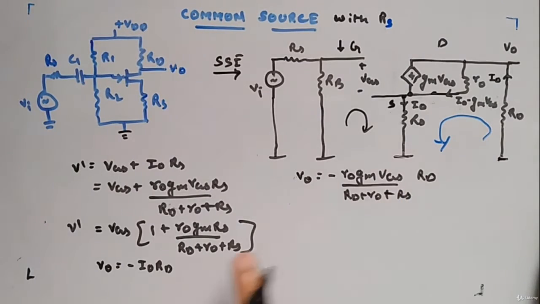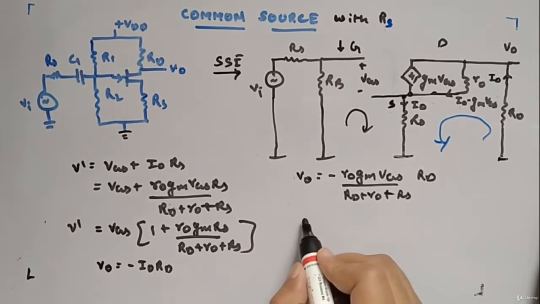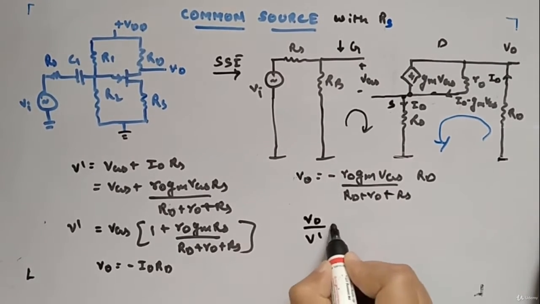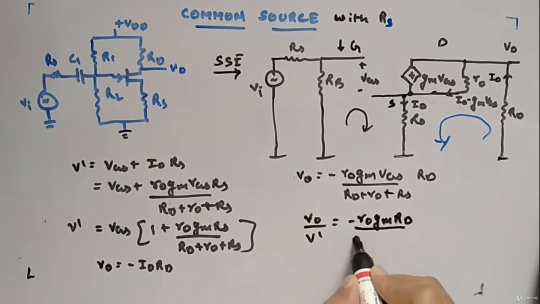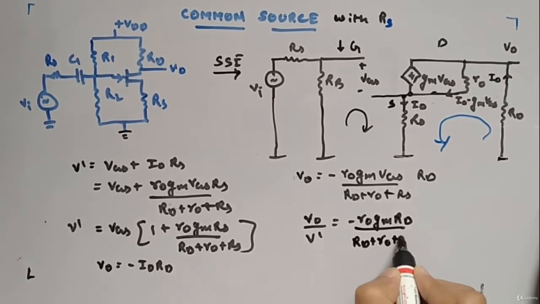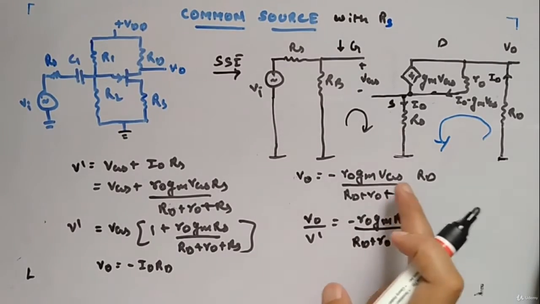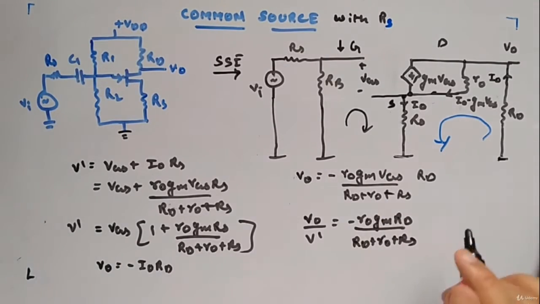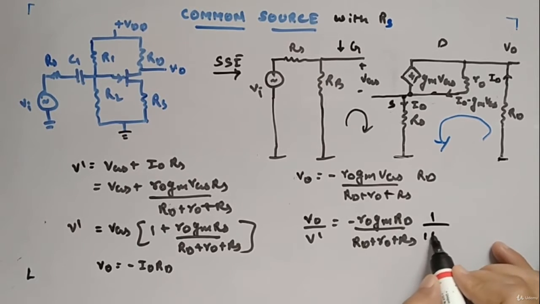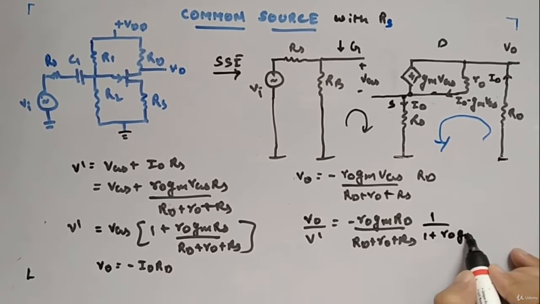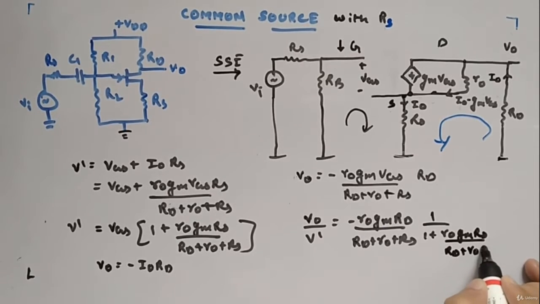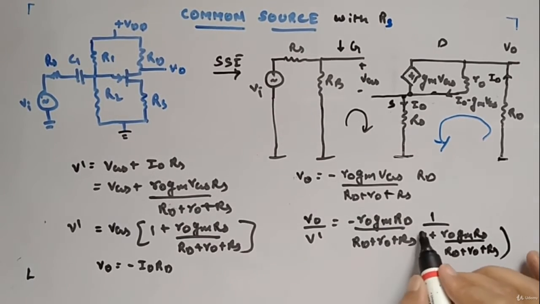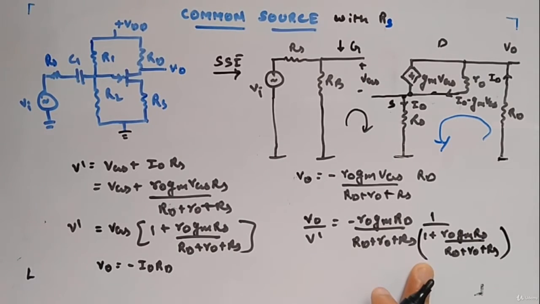If I plug the value of VGS from here, I'll get V naught by V dash as minus R naught GM RD divided by RD plus R naught plus RS, and from here you will get 1 divided by 1 plus R naught GM RS divided by RD plus R naught plus RS. This is the whole thing you are getting.